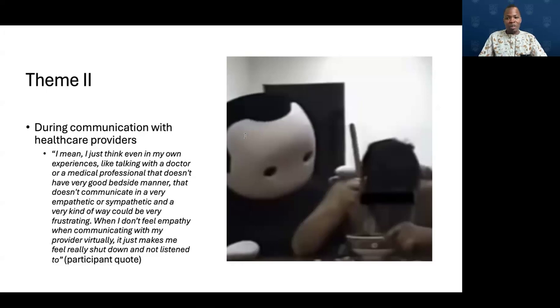The next concern, which constitutes the second thematic category, was how participants could be re-traumatized by basically having a conversation with a healthcare provider through a virtual means or telemedicine.